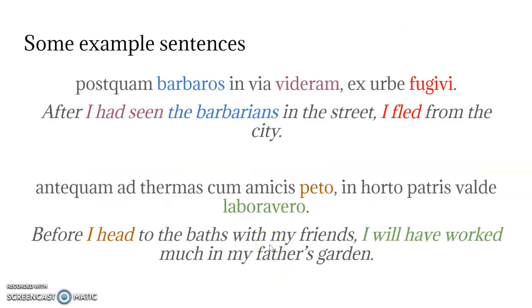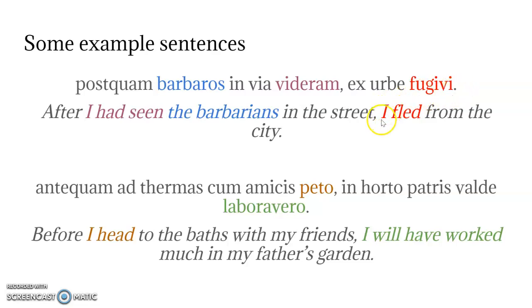So let's look at some example sentences here. Postquam barbaros in via videram ex urbe fugivi. So we'll see videram is our first verb here, meaning I had seen. Postquam is after, so after I had seen barbaros, the barbarians, in via, in the street, ex urbe fugivi. So we have fugivi here, which is the perfect tense of fugio, meaning to flee.